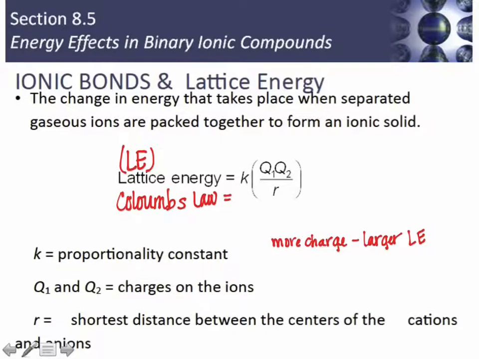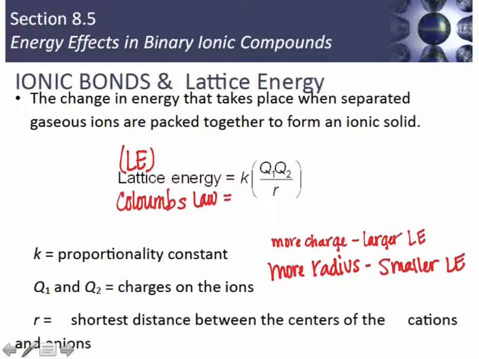Now, if you have more radius, so you have some large atoms, then our lattice energy is going to become smaller. If you think of a meter stick, and we have this huge meter stick and we break it, it's not going to take very much energy. But as we start breaking it in half, and in half, and in half, it's going to get harder and harder as the pieces get smaller.